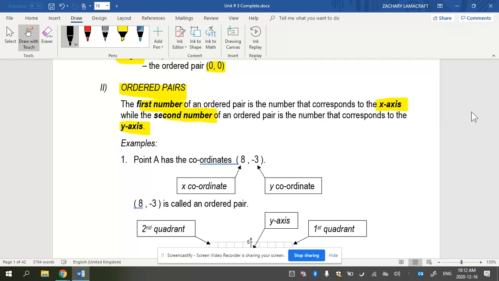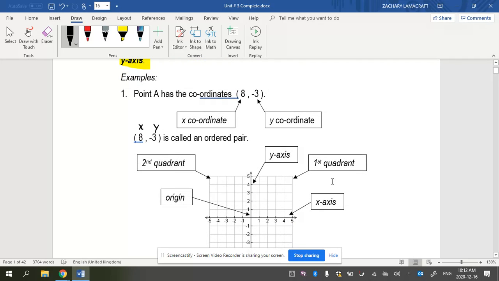What I tend to usually do, guys, is as soon as I get an ordered pair on my sheet, I would just write an X and a Y, so I always remember which I'm following, okay? And if we go to graph or put a point on this ordered pair, we can figure it out.